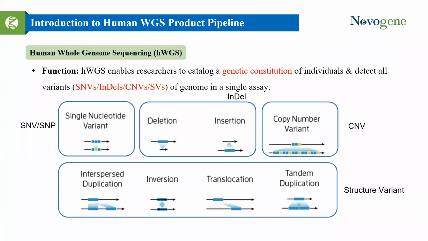The detected genetic variants can be divided into 4 categories as shown in the figure below. They are single nucleotide variant, insertion and deletion, copy number variant, and structural variant. These 4 variants are all included in our analysis process.